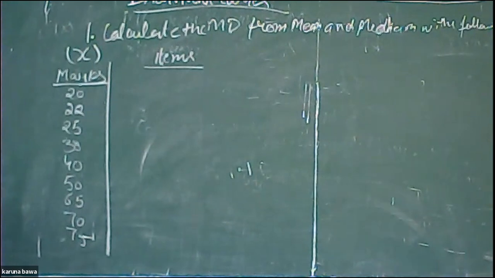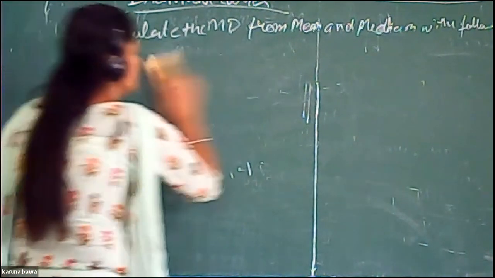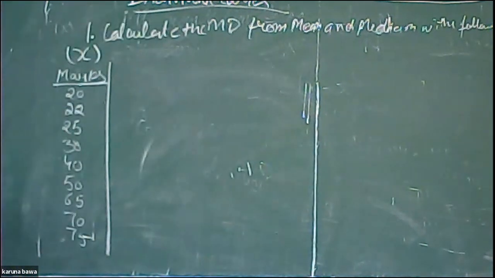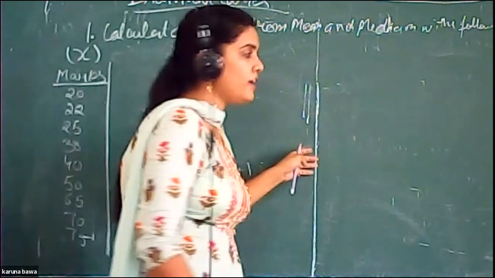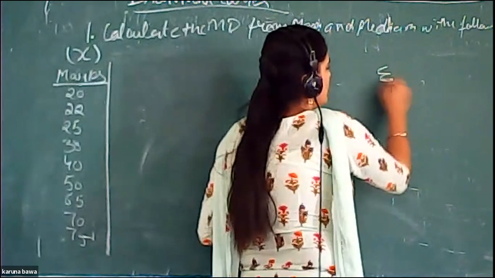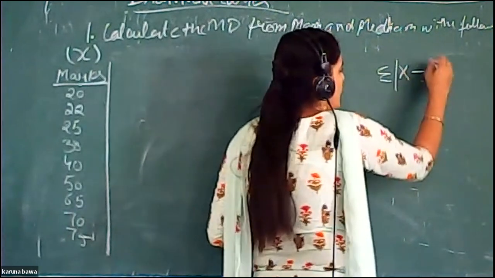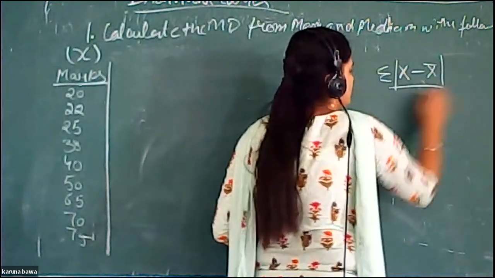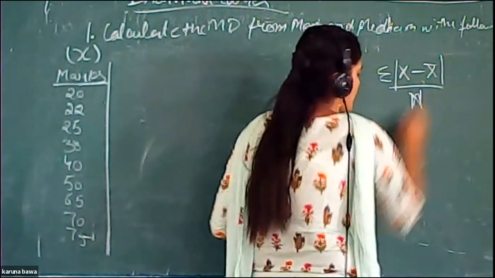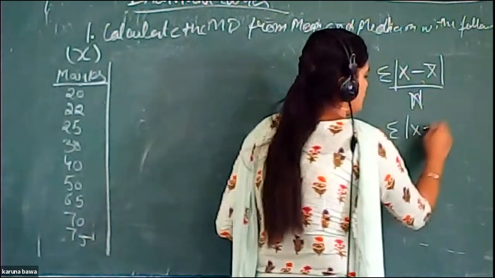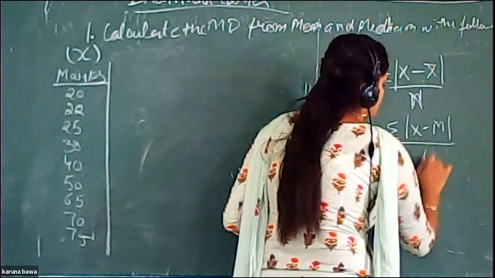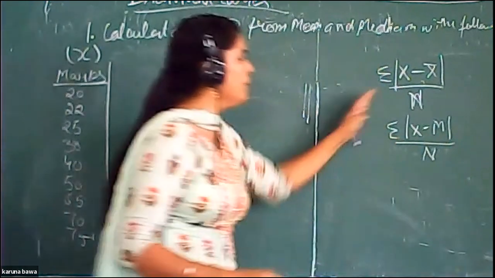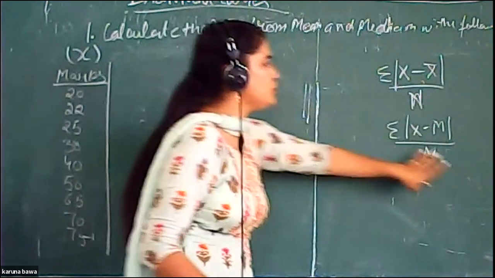Firstly, we find out the mean. As we know, this is the formula of mean, and these are the formulas of mean deviation from mean and mean deviation from median.